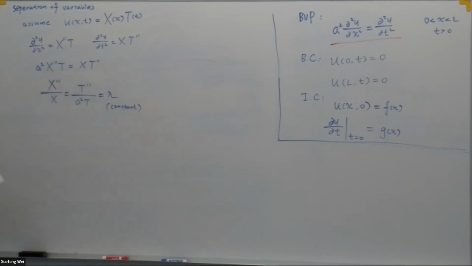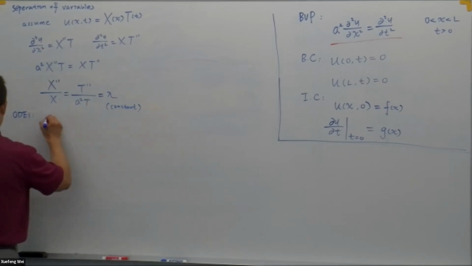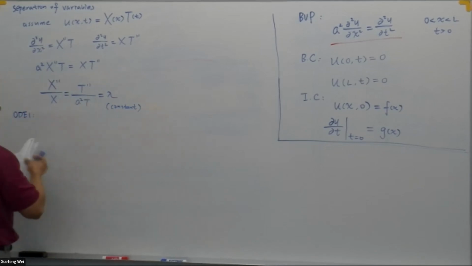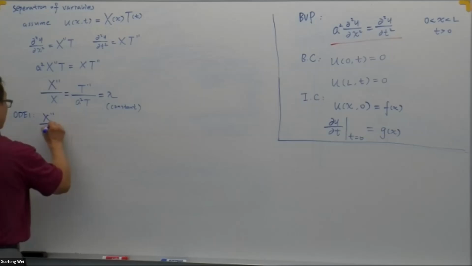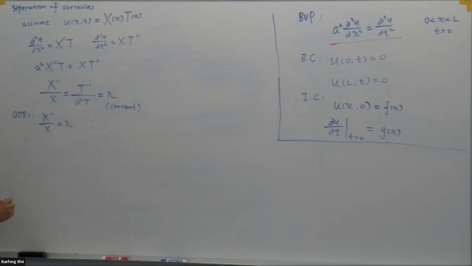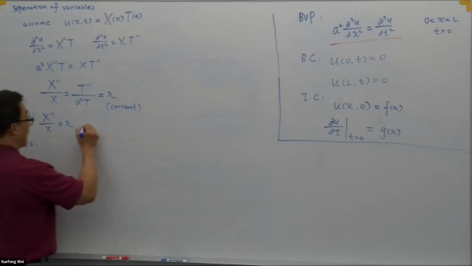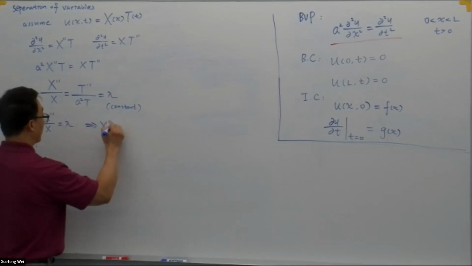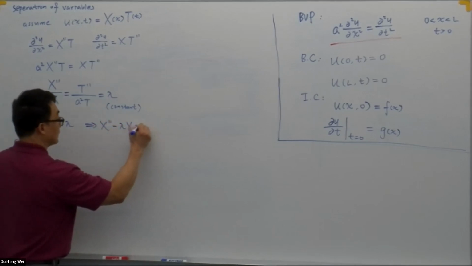Now we have two ODEs, ODE 1 and ODE 2. ODE 1 is X double prime over X equals lambda, which is basically just X double prime minus lambda X equal to 0.